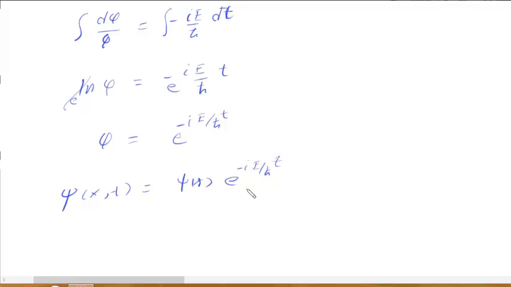This term vanishes when we find the expectation value or probability, because in case of probability we take the absolute square, psi star psi. Then we take the conjugate, and the positive and negative exponents combine to become one. So the expectation value as well as the probability does not depend on time.